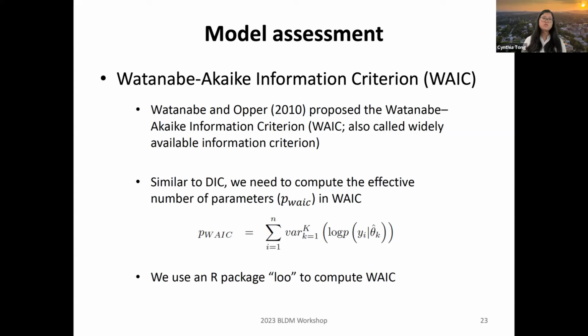It's similar to DIC, we have to compute the effective number of parameters, and then it's defined using this equation. And luckily, the loo package can help us calculate WAIC, and I'll show you later today how we calculate WAIC in R using the loo package.